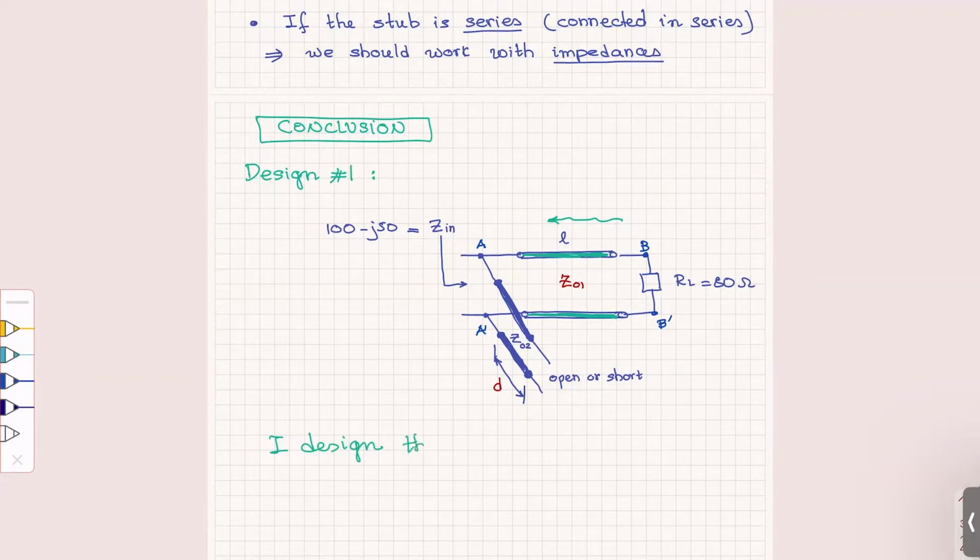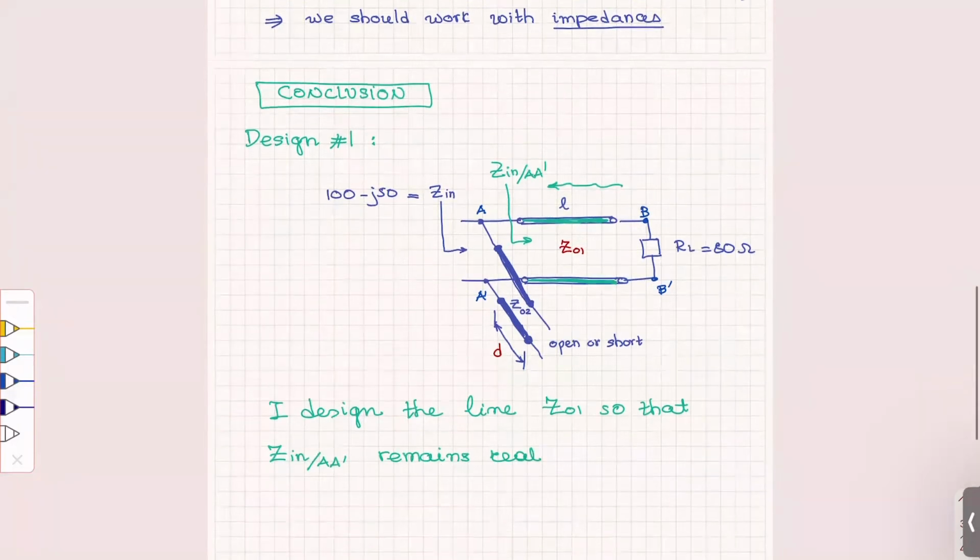I design the line Z01, and let me call that Z input at A prime, so that Z input at A prime remains real. If it remains real, then let me continue.